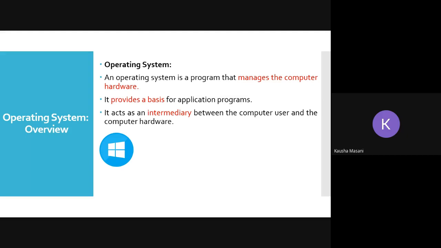The very famous OS currently is, first of all, which one is this? Come on. Windows. Exactly. Then you guys tell me which OS you know which are currently running in the market. Linux, Mac. One by one. Okay, Linux is there, DOS is there.